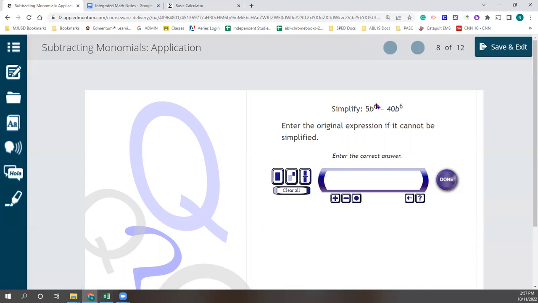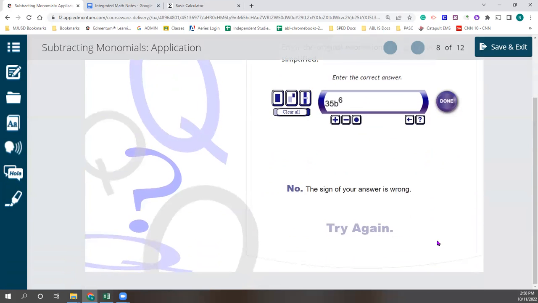Okay, 5B6 minus 40B6. That is 5 minus 40 is 35, B6. Oh no. 35B6.